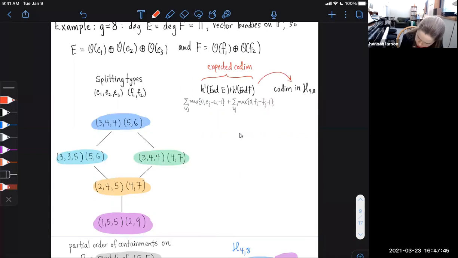And then it turns out that the codimension of this stratum in the Hurwitz space is given by the expected codimension minus a correction term of H^1 of F dual tensor Sym^2 E.